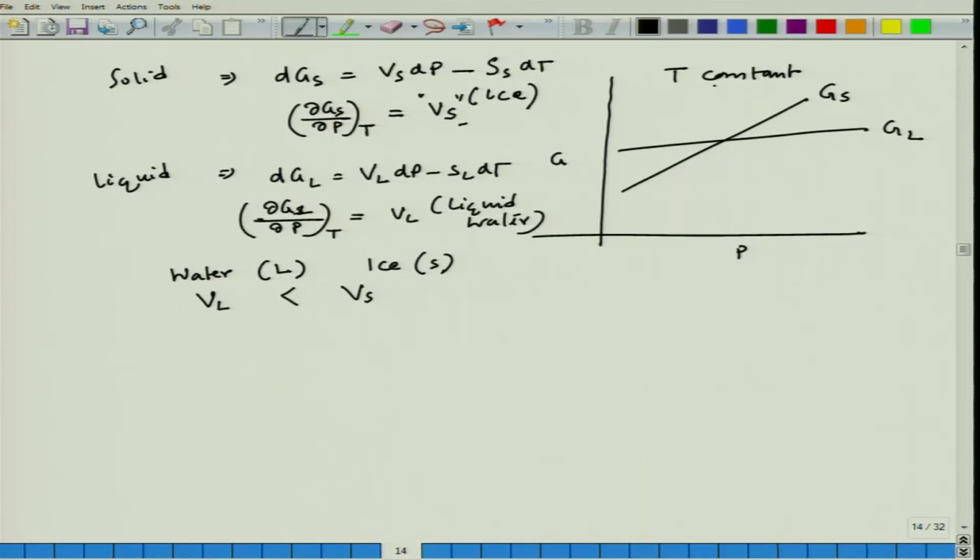Now, if we consider this as 1 atmosphere and 0 degree Celsius, then they will match at 1 atmosphere pressure. So, this is the equilibrium point.